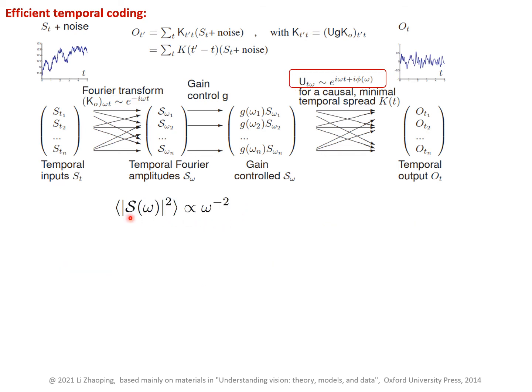With this power spectrum, we can do the next step, gain control. And we remember that this gain, G, for each Fourier component omega, depends on signal to noise. And noise is white noise, so it does not depend on omega.